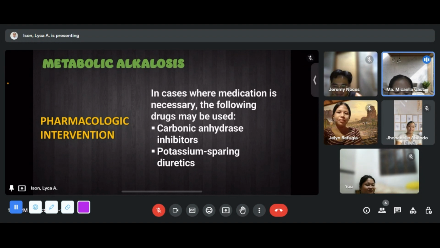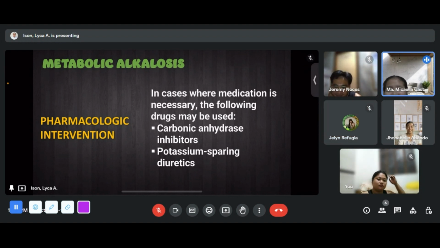And also the potassium sparing diuretics are used to block this effect. More sodium and water can pass into the collecting ducts of the kidneys, increasing diuresis. Next.